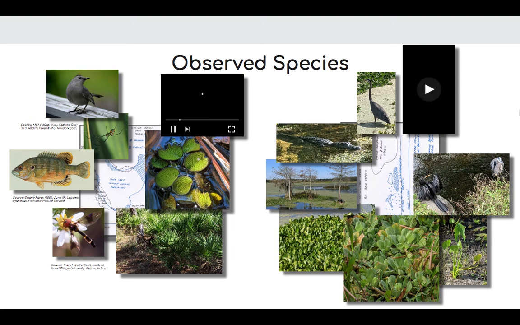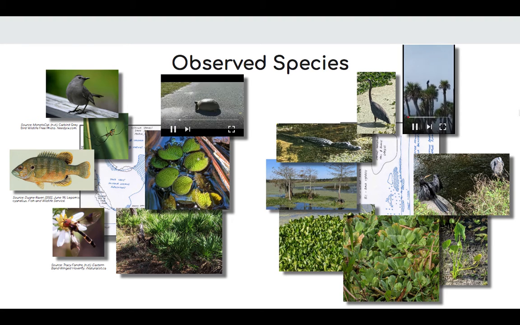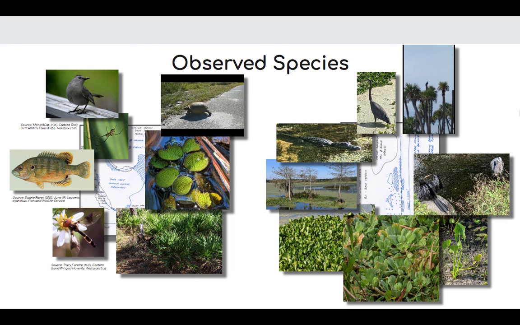So here is a rough placement of where these species were observed, and the pictures are rough indicational sizes of how influential that species population was in the community.